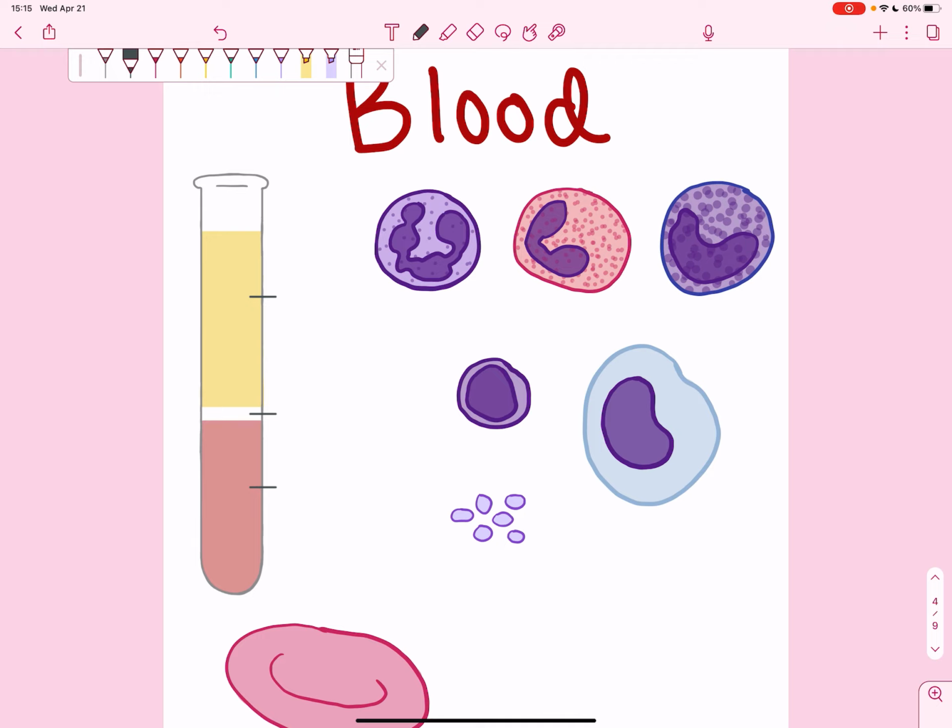This yellowish part here is plasma, which is actually about 90% water, and then about 10% salts and proteins.